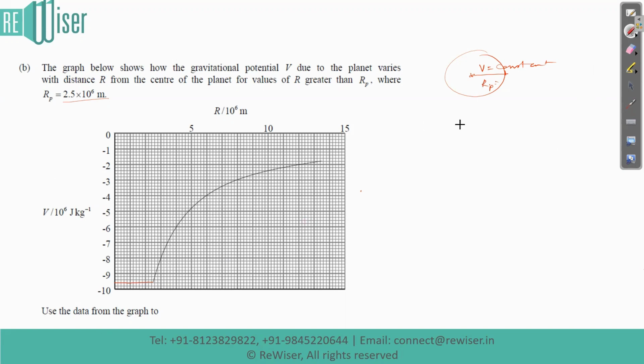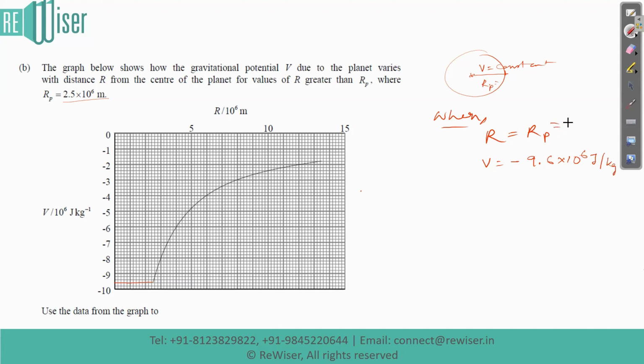Now, when r is equal to the radius rp, V is, as you can see, minus 9.6 times 10 to the power 6 joules per kg.